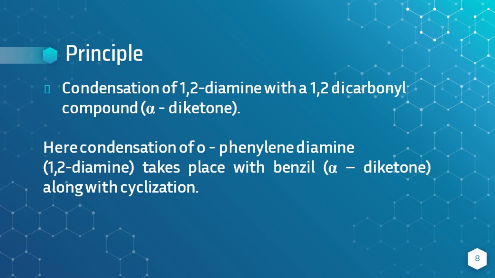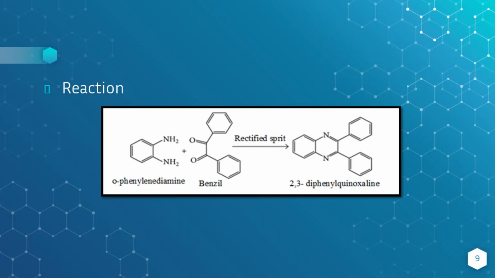Its condensation takes place with benzil, which is an alpha diketone, along with cyclization. Hence it involves condensation along with removal of water molecules and then cyclization. So you can see here the reaction between orthophenylene diamine and benzil in presence of rectified spirit. We get 2,3-diphenyl quinoxaline. Now let us see about its mechanism.